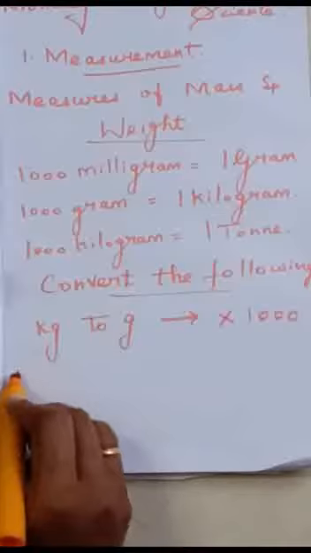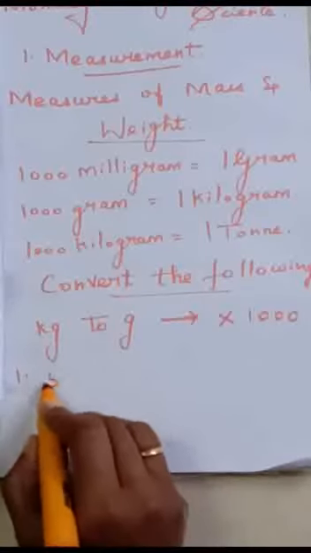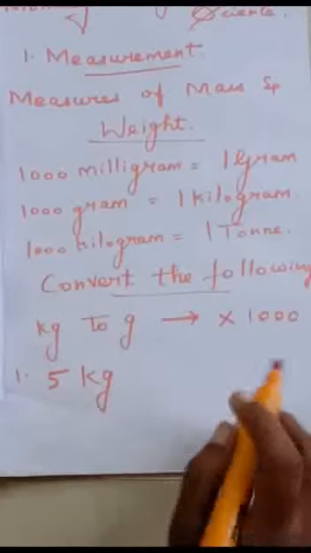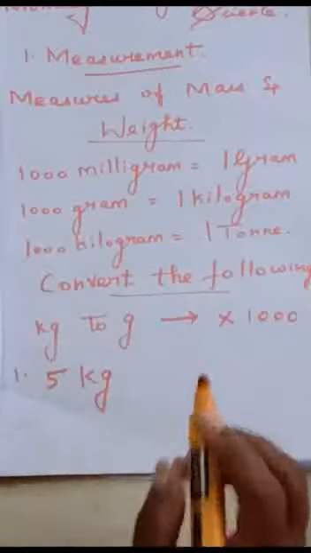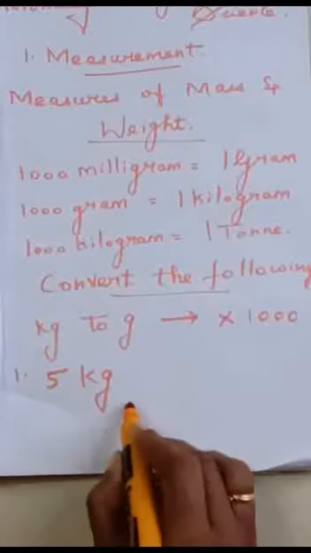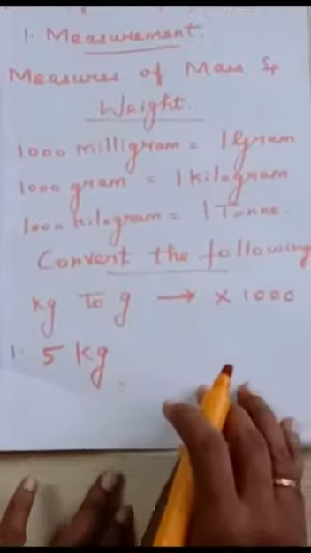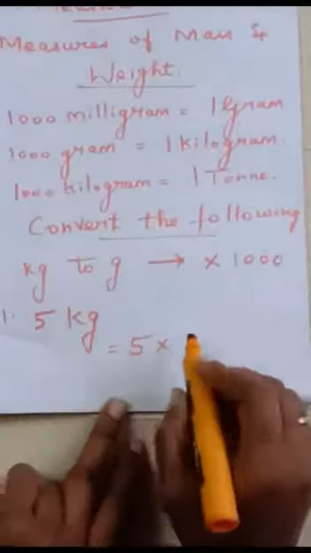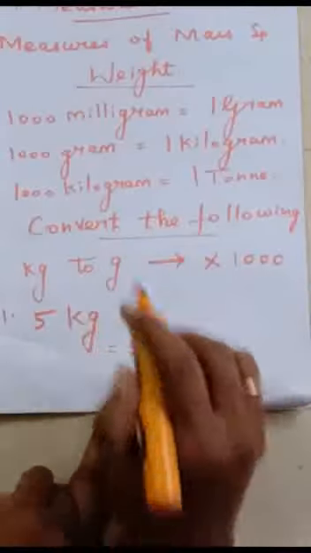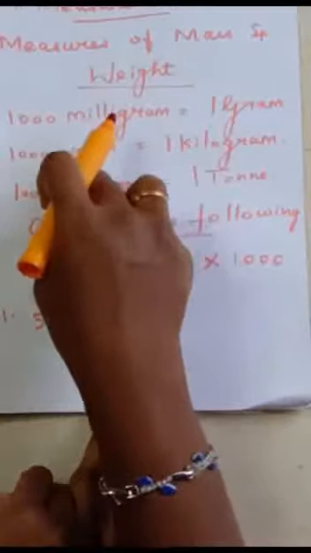What is our first sum? 5 kg. In 5 kg, how many grams are there? So how do we do this? First step, we have to multiply 5 into 1000, since in 1 kilogram there are 1000 grams.